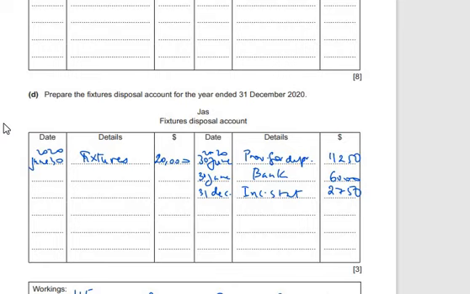So the difference will go to the income statement as an expense because we have made a loss on disposal. Then we just add both sides to close the account. So this disposal account does not have any balance brought down because the asset has actually been sold. I mean, the difference has been transferred to the income statement as an income or as an expense.